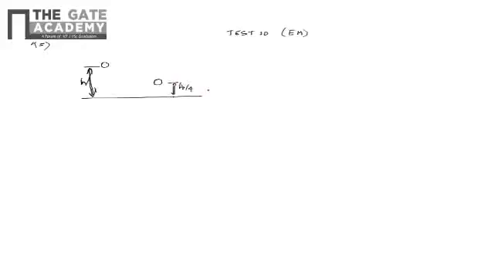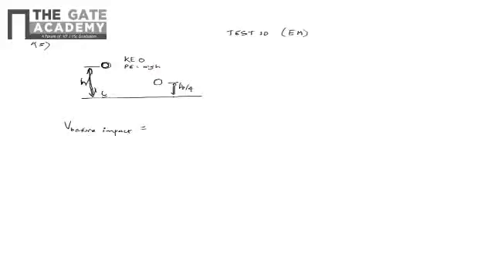Now I have just drawn it sideways, but as it falls, let's write down the velocity before impact. Initially, when it is here, the kinetic energy is 0 and the potential energy is mgh.